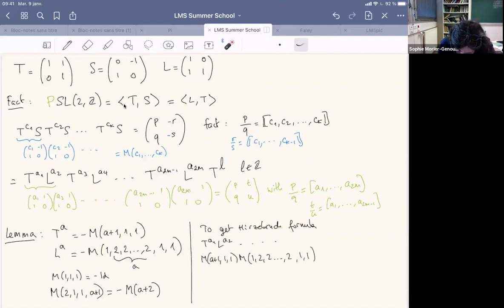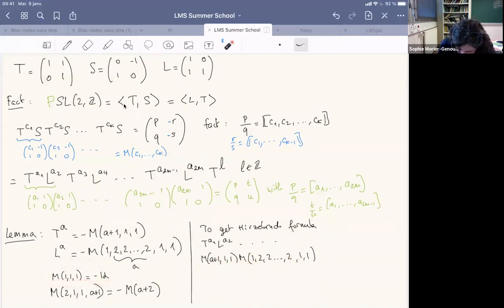But this means that you are concatenating, that you have the matrix M over the sequence of these numbers. But each time you see 3 ones in a row, this simplifies to minus identity.